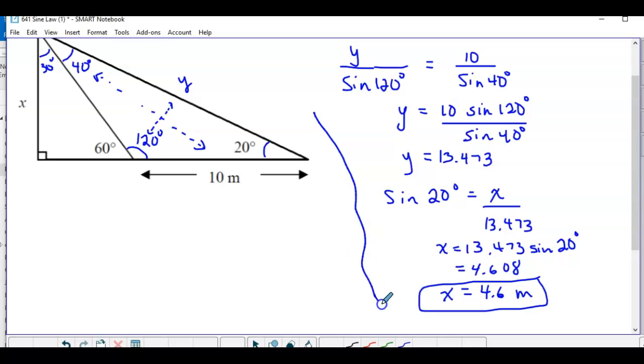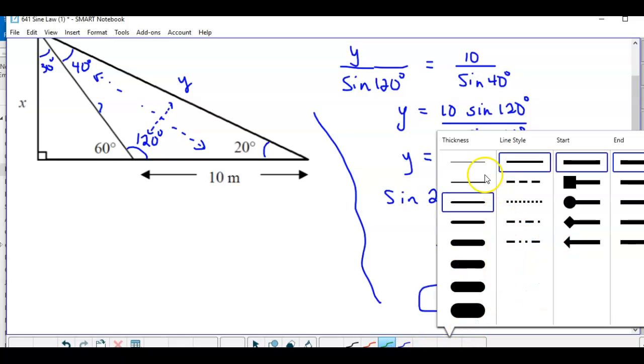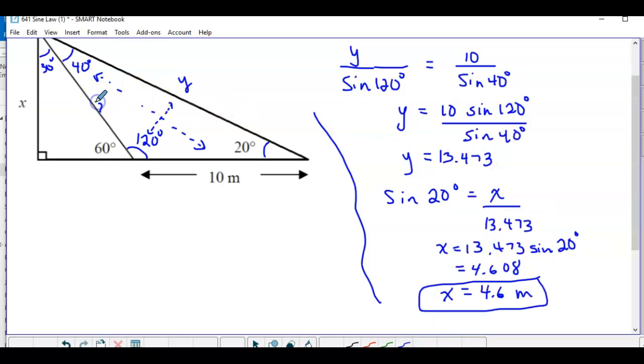If you wanted to, you could have found, I'll call this Z, maybe I'll do it in green here. So if I found this green Z, then I would have had Z over sine of 20 equals 10 over sine 40.